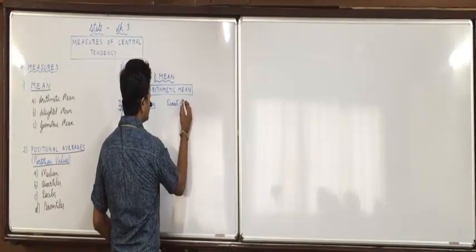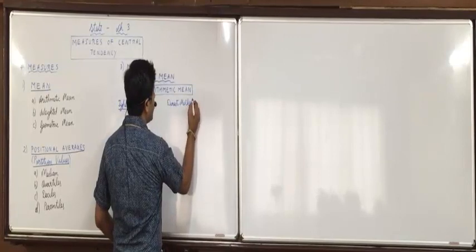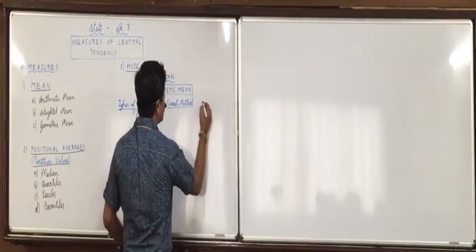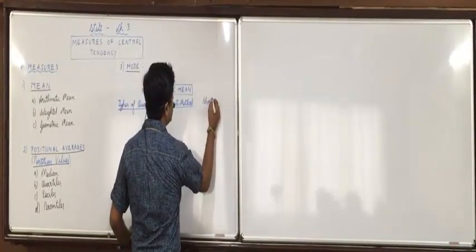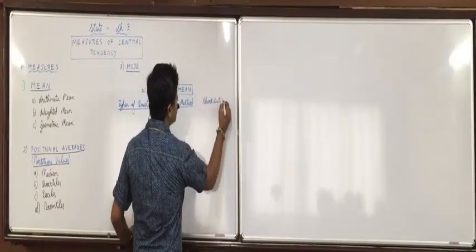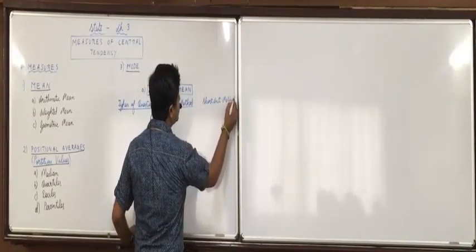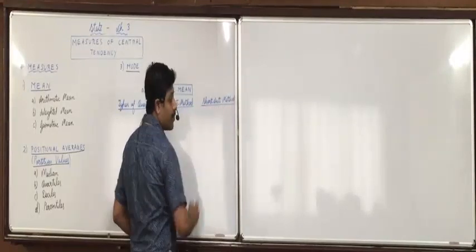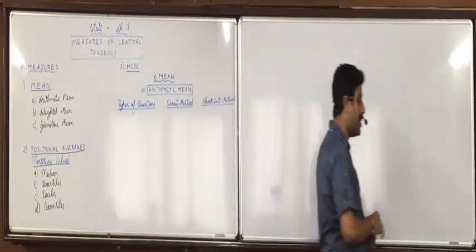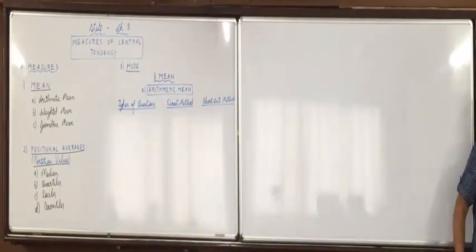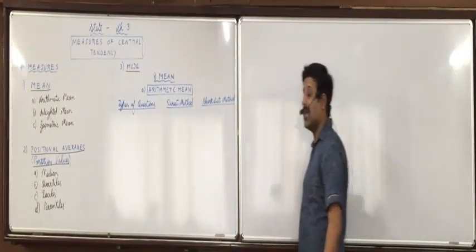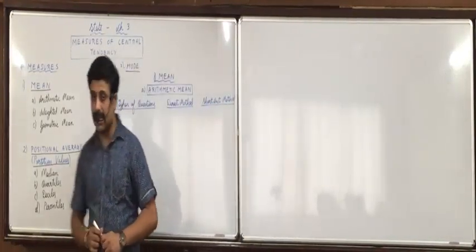One is called the direct method and the other is called the shortcut method, or short method. It is also called the step deviation method. Now, first of all, what are the 3 types of questions? Understand them.